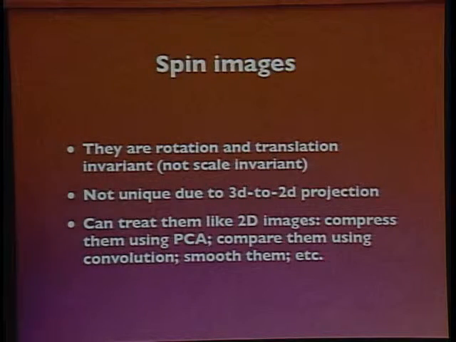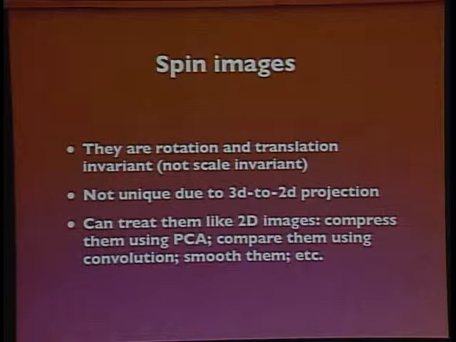This is a more complicated spinning around kind of projection, but still it's a projection from a 3D thing to a 2D thing. And that means that they're not necessarily unique. You can have two different 3D things in the world that map to exactly the same two-dimensional description. So they're not unique. But if you think about it, that projection from 3D surfaces into your camera is not unique either. You can concoct different situations where different geometry or different surfaces in the world actually give rise to exactly the same image.